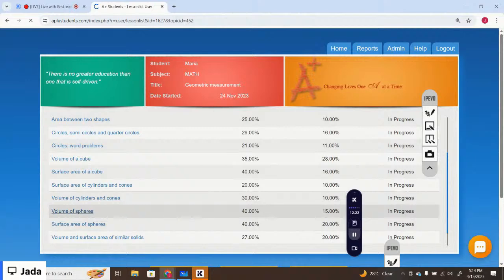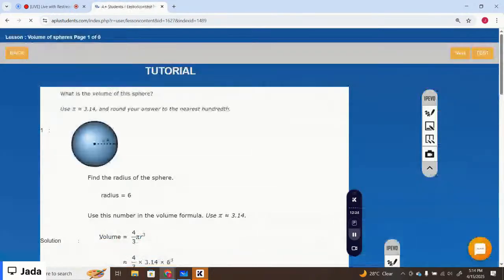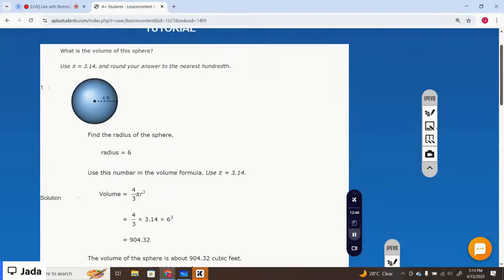Next is the volume of spheres. What is the volume of the sphere?